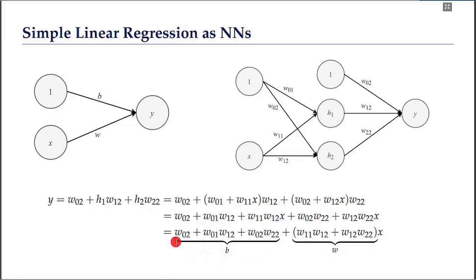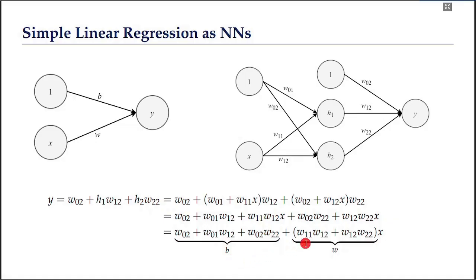Now here, W02 plus W01 times W12 plus W02 times W22 can be considered as the bias term or the intercept term, or the constant term.